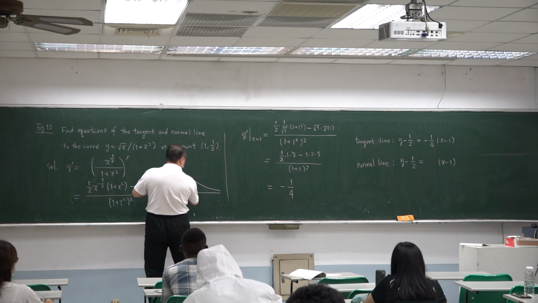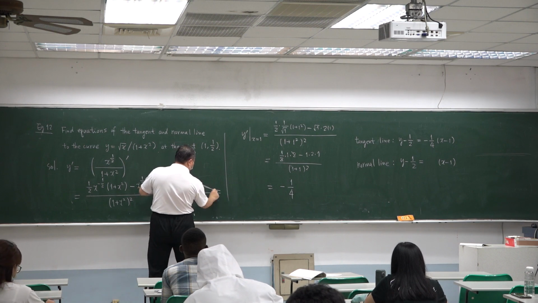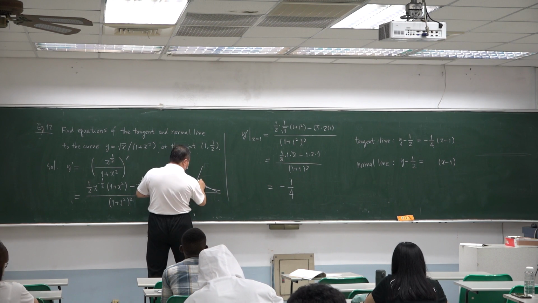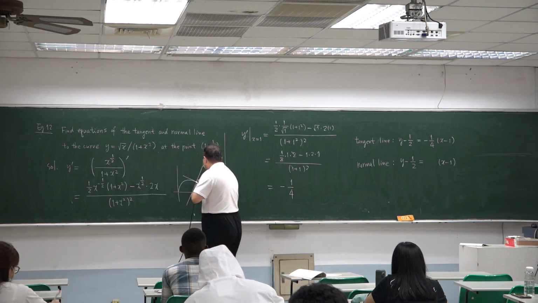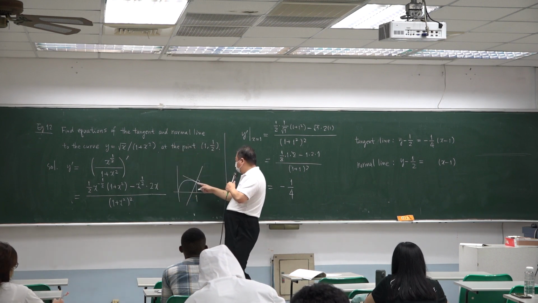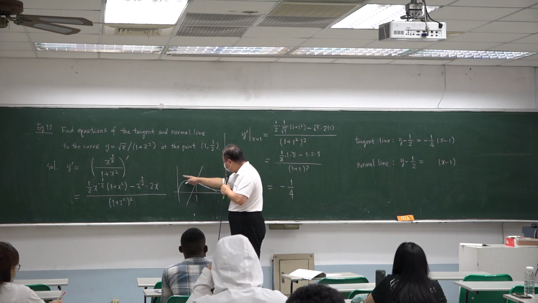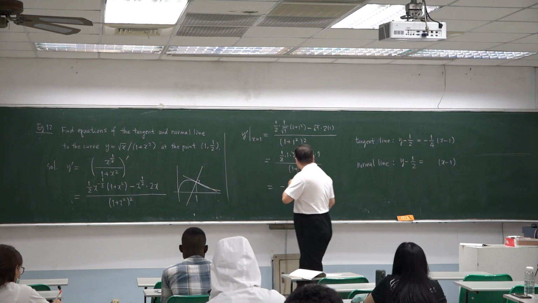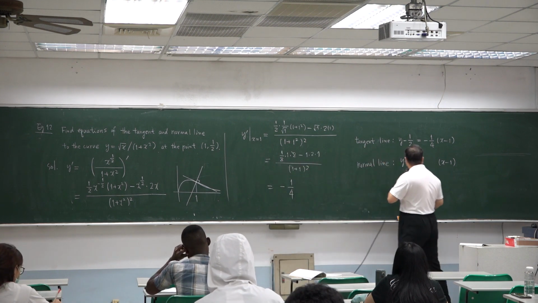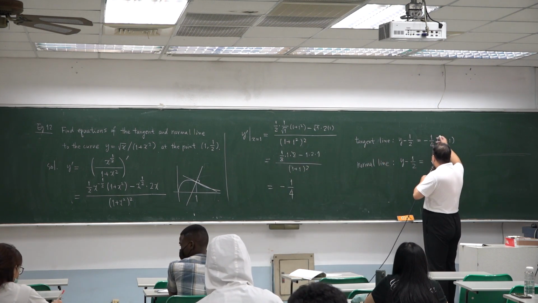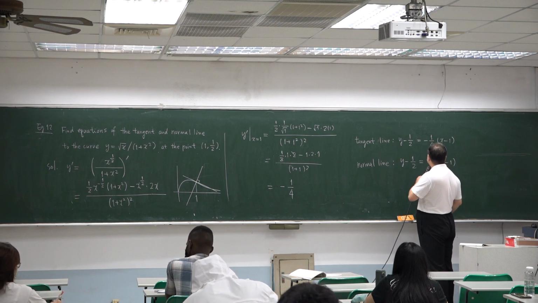So the tangent and the normal line: the normal line passes through this point and is perpendicular to the tangent. So the slope will be the negative reciprocal of this one.